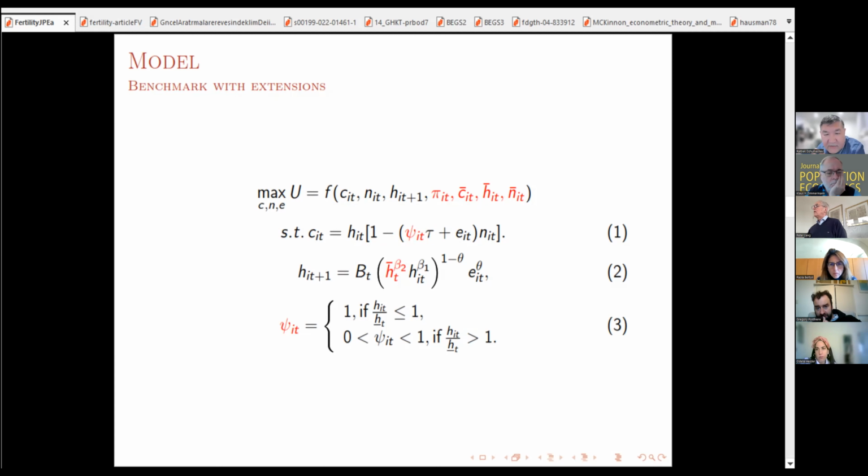The difference from existing models was that we included this psi, and psi here is a kind of coefficient which can be 1 or less than 1. If it is 1, that means you spend only your own time to raise your kids, so you cannot hire anyone to help you. But with higher income, as you can see in equation 3, here we are explaining how this psi is determined. We assume that childcare services require people with a certain level of human capital.